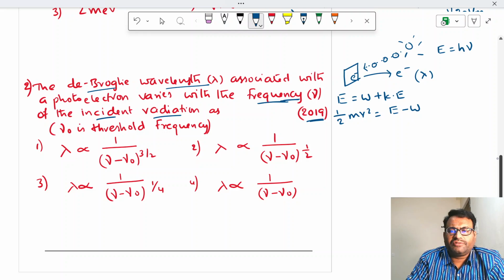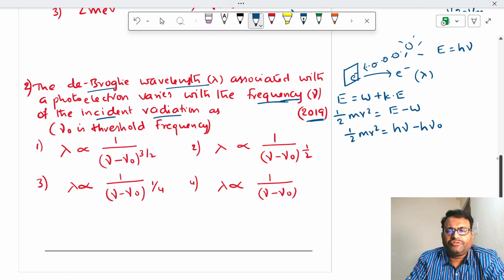And in the photoelectric effect, we have derived a formula to calculate v. So half mv square is equal to, what is E? h nu minus h nu naught. Now what will be v square? v square will be 2 into (h nu minus h nu naught).